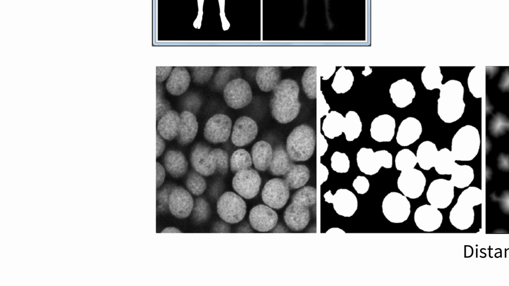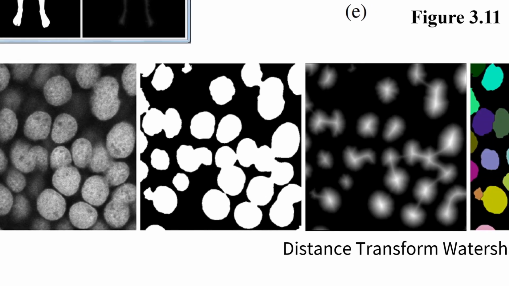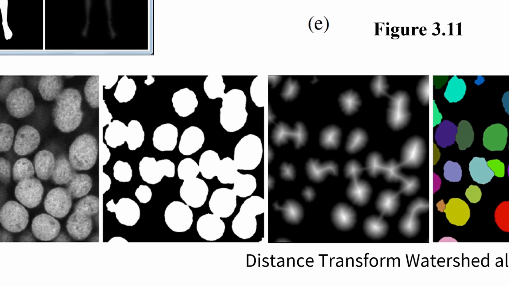Then what can you do? Just use the closing operation. Once you pick a proper structuring element, you can remove those holes. So you will get this one, and then apply the distance transform.